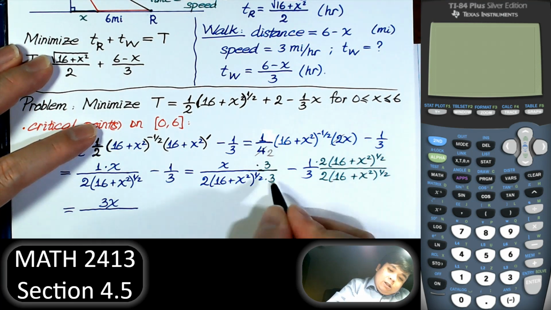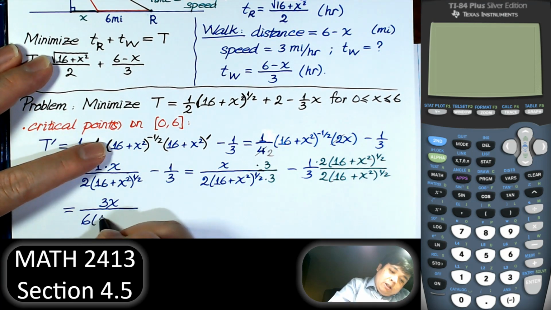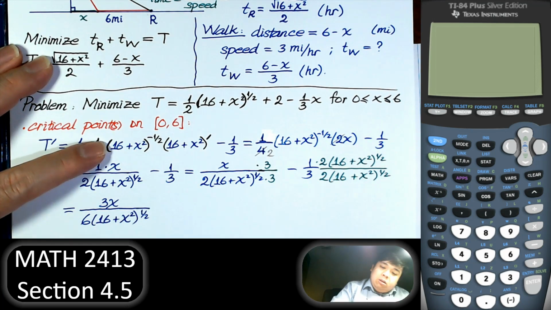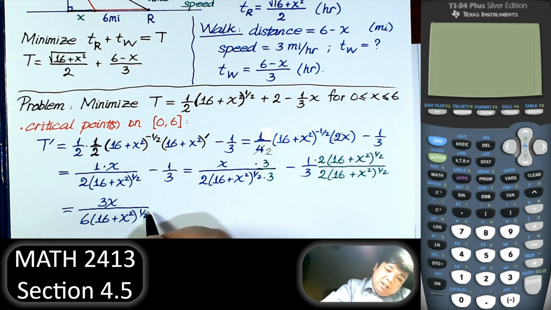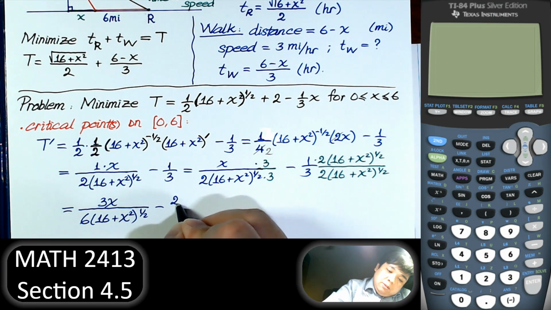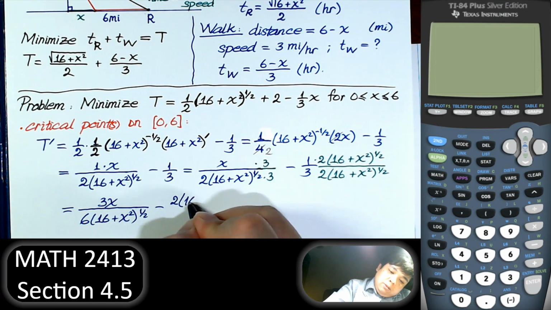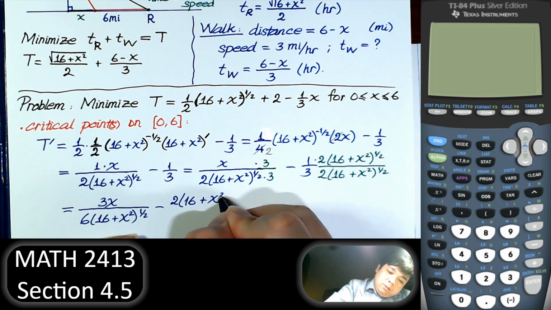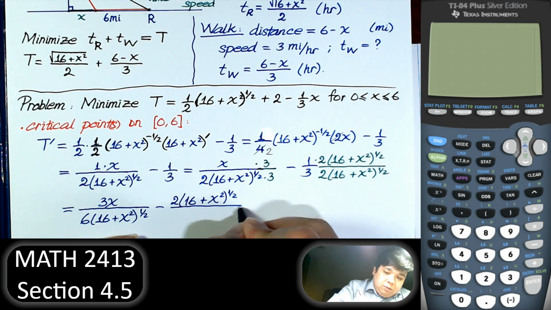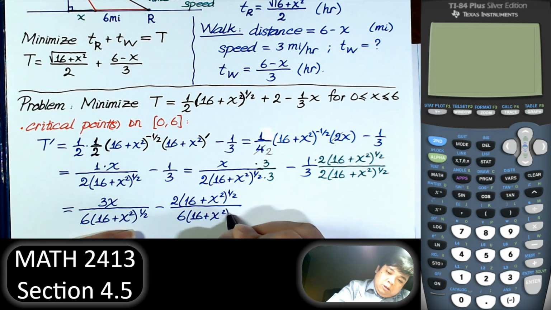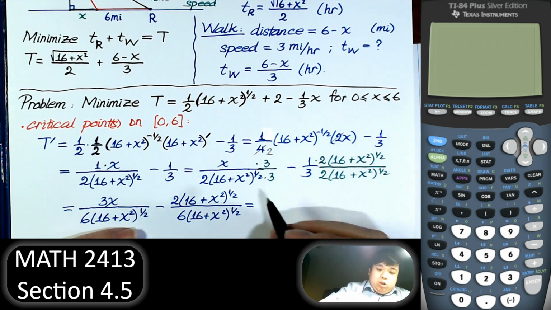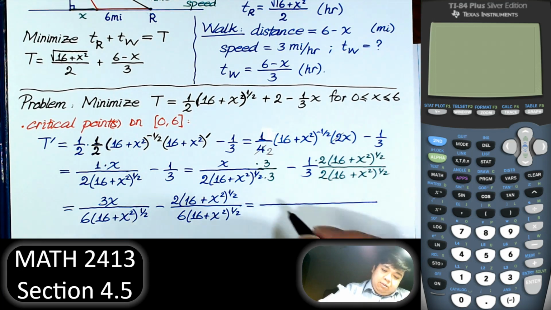Three x, and then the bottom 6 times the square root of 16 plus x squared, and the top we have that. Since we have the common denominator, we can just combine them.